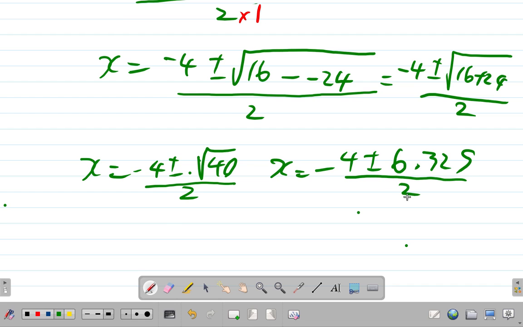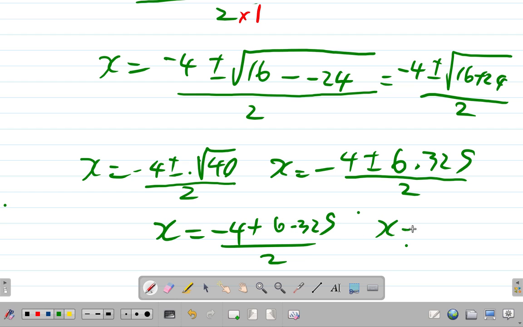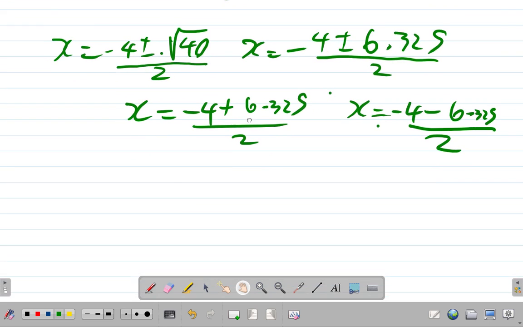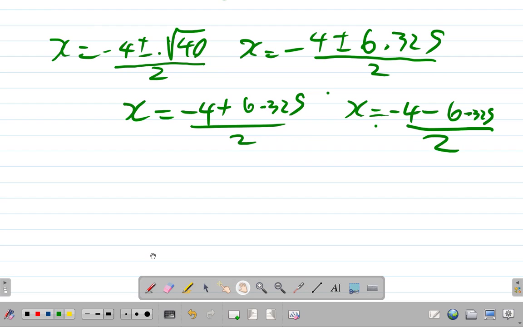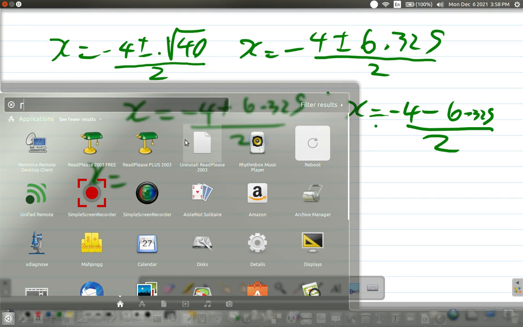6.325 over 2. So what's x? X is, in one case, negative 4 plus 6.325 over 2, and the other case it's x is negative 4 minus 6.325 over 2. So in this case here, what you have is x equals, now, negative 4 plus and then negative 4 minus.